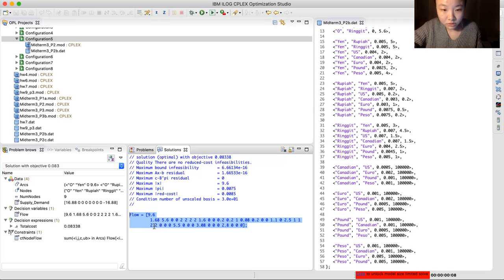This is 2.2 million from Canadian dollars to US, 5.5 million from euro to US, 3.08 million from pound to US, and 2.8 from peso to US, respectively. It also asks us how much money Jake has to invest in US bonds.